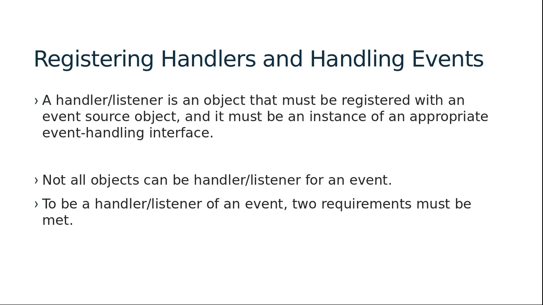So a handler or a listener is nothing but a method object that must be registered, so that there is a link between the event and the handler. And to register that, let's have a look at what we need to do.